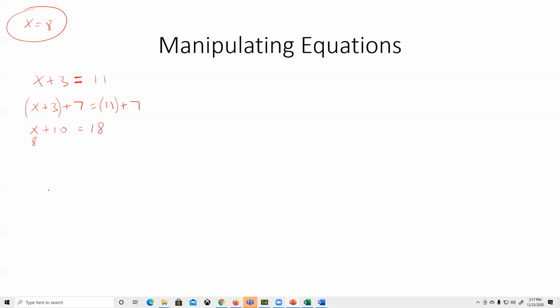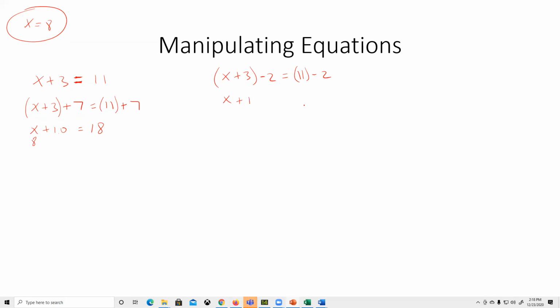So this is a really important thing to understand. You can add the same thing to both sides. I could subtract the same number from both sides. I could, for example, start with x plus 3 equals 11, and I could subtract 2 from both sides. That also works. Adding 3 and subtracting 2 is like adding 1.